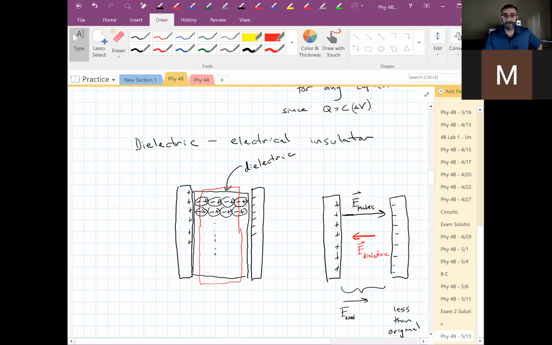As I said, most capacitors have some kind of a dielectric in there. The main reason is it makes it easier to manufacture them, right? You don't want those two plates to have any electrical connection between them. You've got lots of surface area, you've got them close together, you don't want them to touch. Well, what's one way to guarantee they're not going to electrically touch?